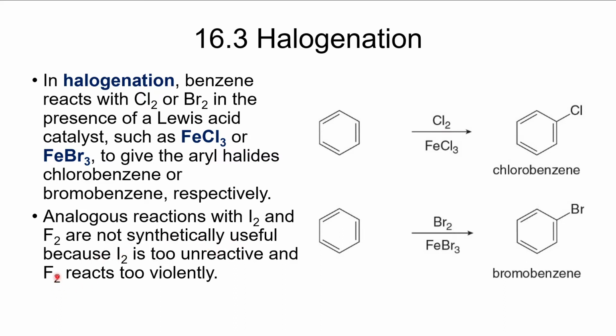With fluorine, if you just put fluorine in with benzene, it's just violently reactive, and you probably don't even want to be in the same room when we're doing it with fluorine. And so you can't do single substitution with fluorine. And so I don't know, if you ever meet a fluorine chemist, be kind to them, because they have a rough time with things. Doing fluorine chemistry can be fairly exciting.